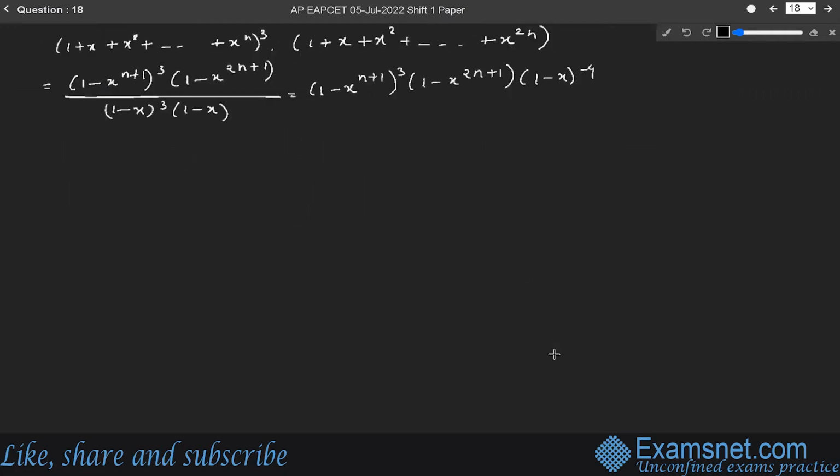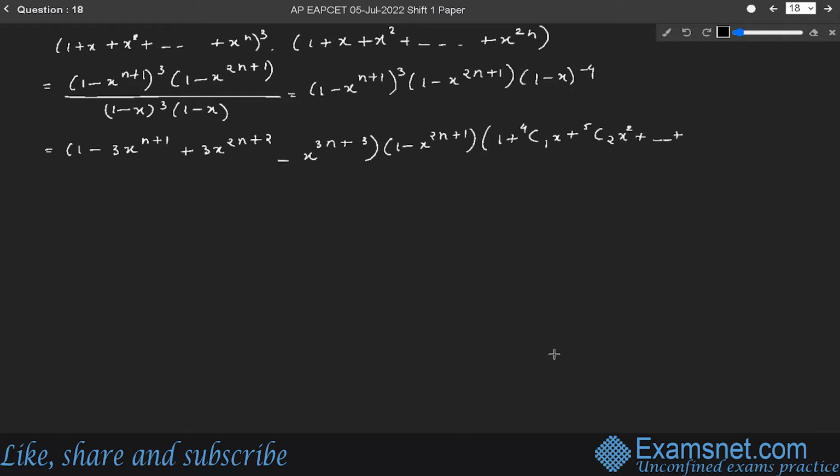On further solving it, this will be equal to (1 minus 3x power n plus 1 plus 3x power 2n plus 2 minus x power 3n plus 3) into (1 minus x power 2n plus 1) into (1 plus 4C1 x plus 5C2 x square plus so on up to n plus 3Cn x power n plus so on up to infinity).